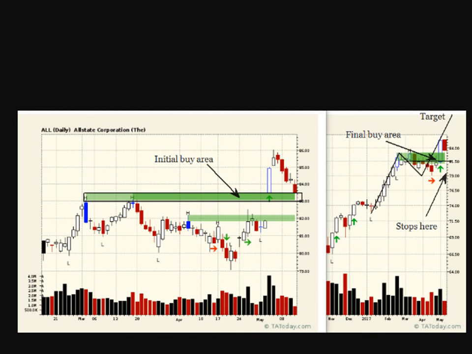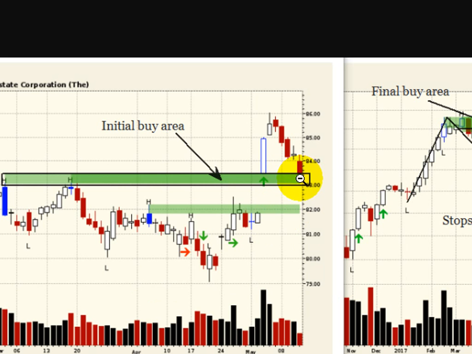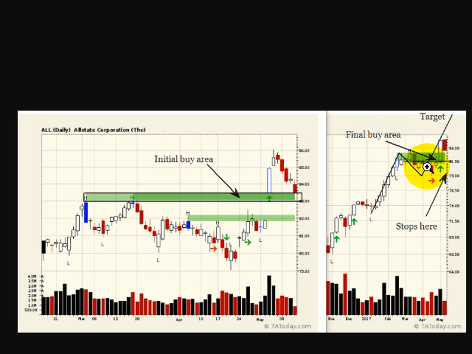You can see when I marked up the chart, Allstate was trading down here, right at this price point. I marked up the weekly chart and the daily chart and said, okay, here's the initial buy area. There's going to be another buy area down at the bottom on the weekly. Stops would be up underneath there. And eventually you're shooting for a target up towards that level on an ABCD structure. And that was what I gave them today.